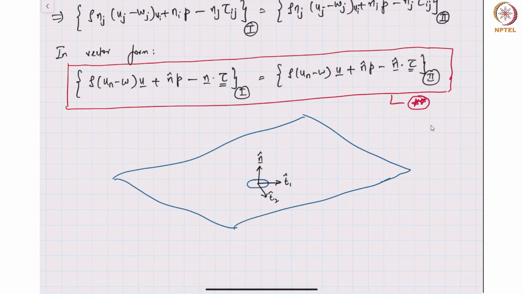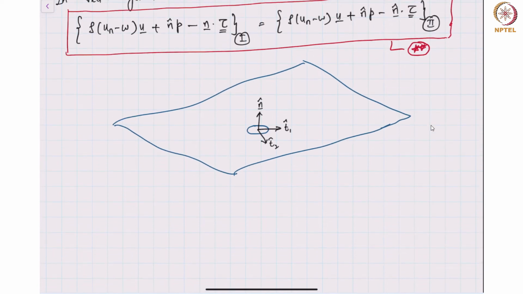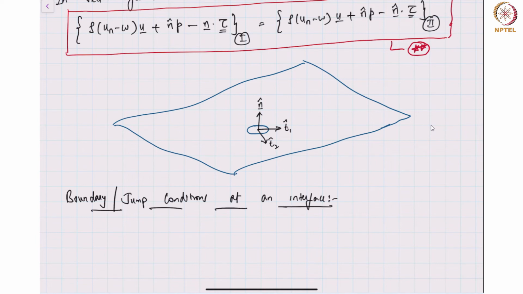Okay. So the first step in this equation is we look at the velocity. We can derive the boundary conditions, or jump conditions, from this equation. So let's start by looking at the first jump conditions at an interface. Okay.